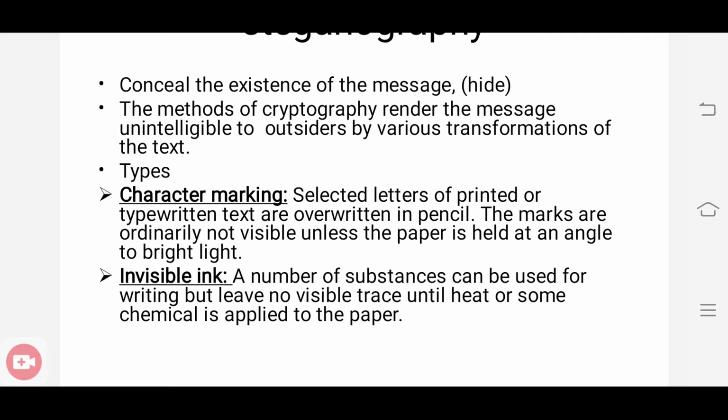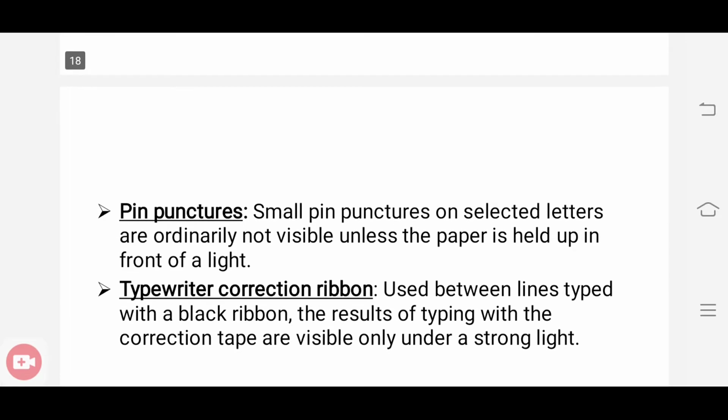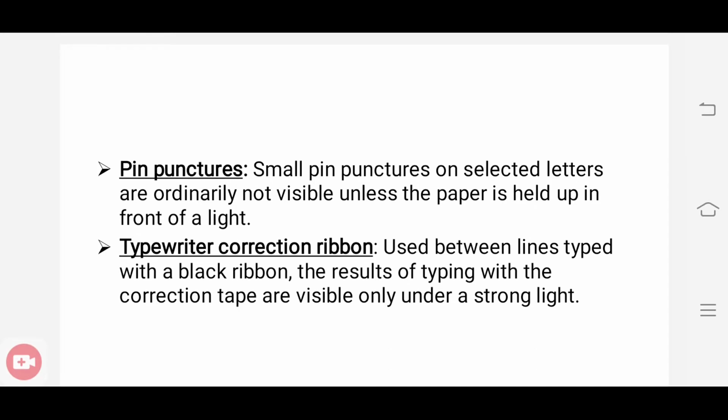Okay. And the second mechanism is invisible ink. We are using some invisible ink to hide the plain text letters. If we apply some heat or chemical, then we can see the original message. And the third mechanism, we can use pin punctures. Small pin punctures on selected letters are not ordinarily visible to normal eyes unless the paper is held up in front of the light.